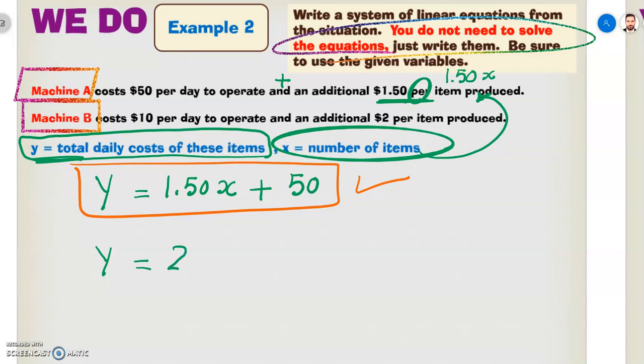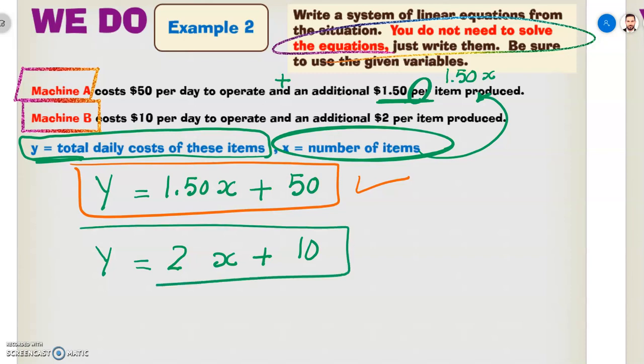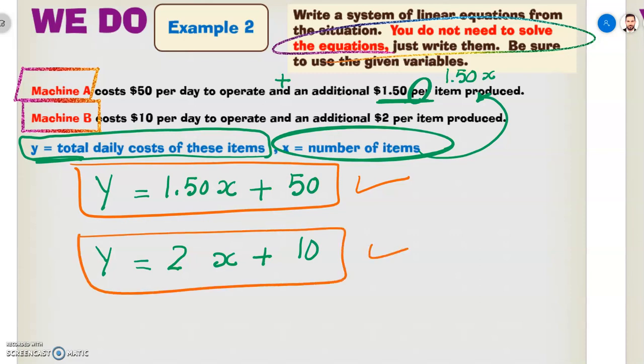So I will write $2 per X plus the additional fee of $10. You can write it as 2.00 or only 2, it's up to you. I hope you understand how to translate and analyze the question for machine A and machine B. If you don't get the question, please repeat it again.